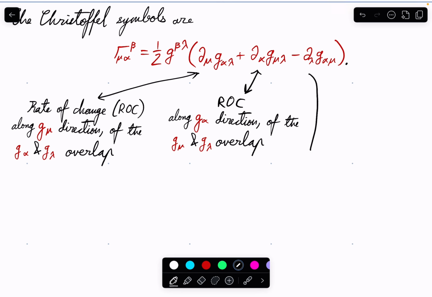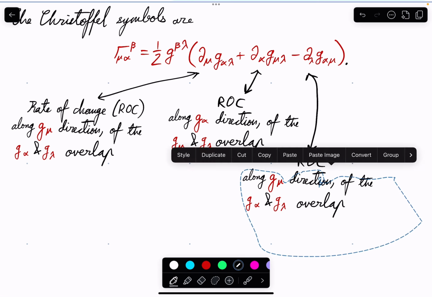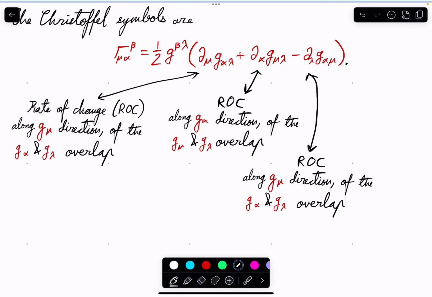And lastly, we're going to have exactly the same thing: the rate of change along the lambda direction of the g alpha and g mu overlap.